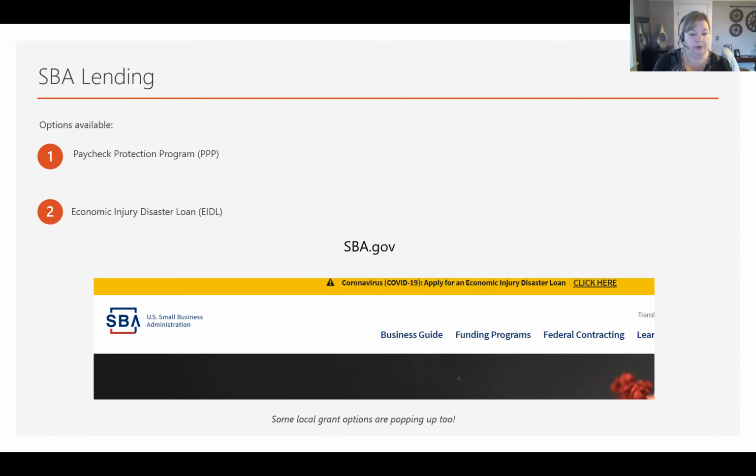The second program is the Economic Injury Disaster Loan, abbreviated EIDL. That one has an individual side, a homeowner side, but it also has the business side. This is a disaster loan that SBA usually has, and now it's been modified for this CARES Act and coronavirus issue. The disaster loan has a small grant piece to it, and then the rest is a loan.